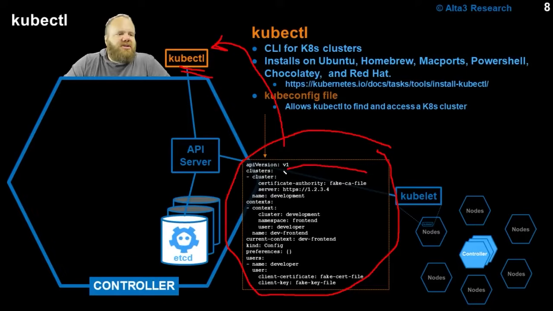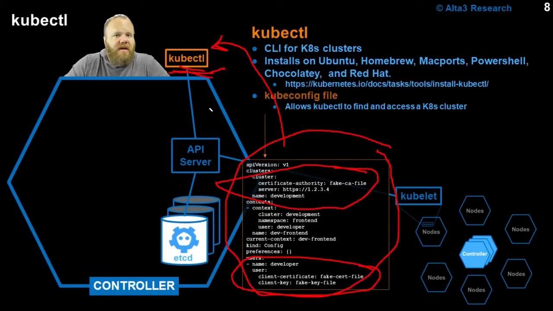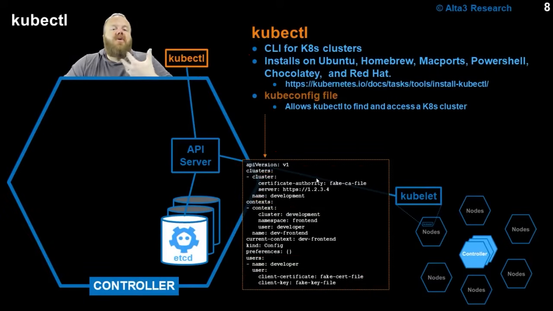And it includes such things as the location of the cluster, but also where the certificate and key file are located on your personal environment, that will allow you to authenticate who you are and talk to that cluster. Without that setup, kube control is never going to work.